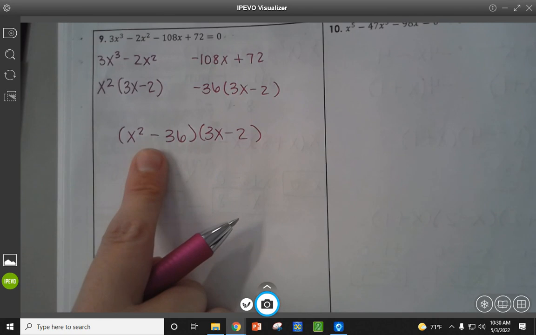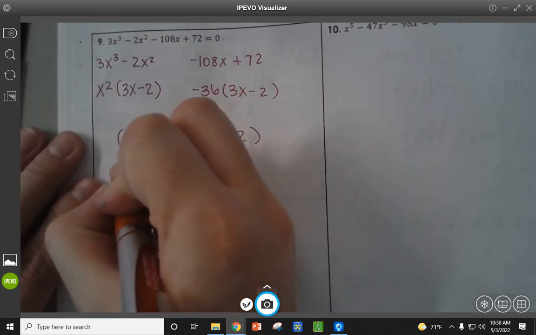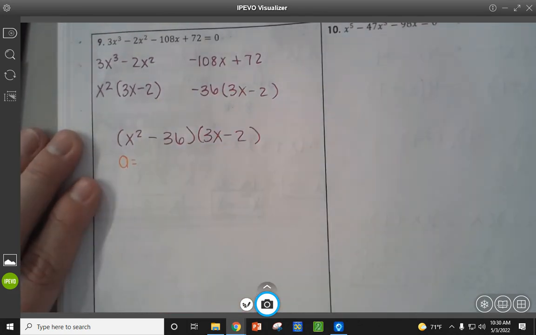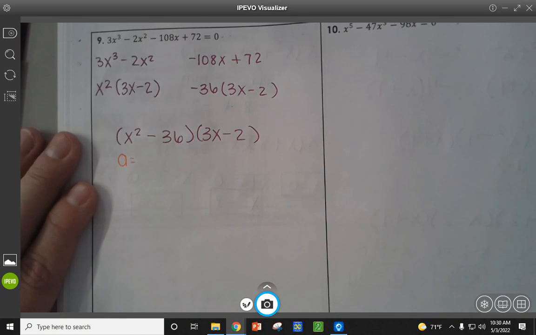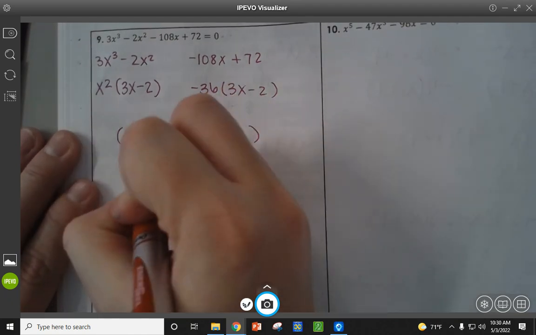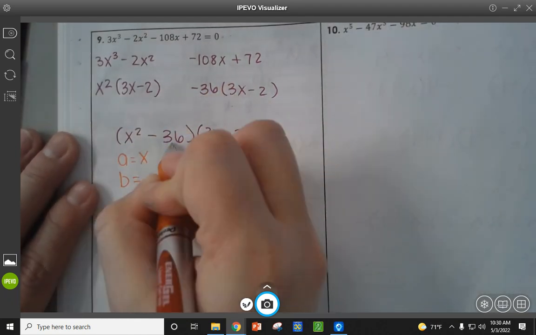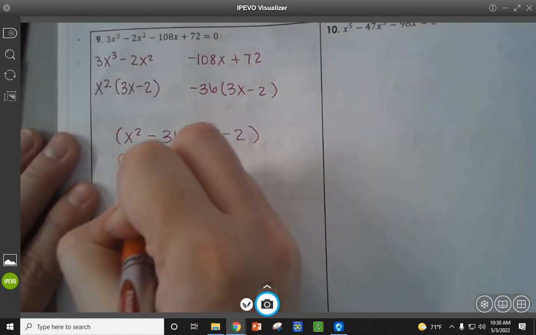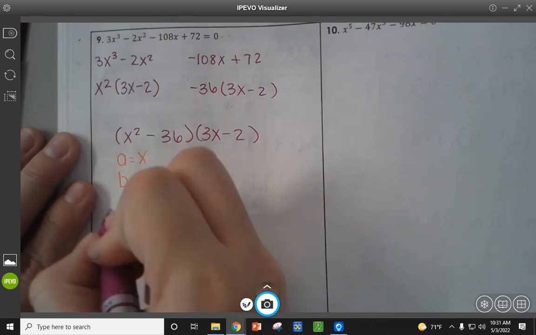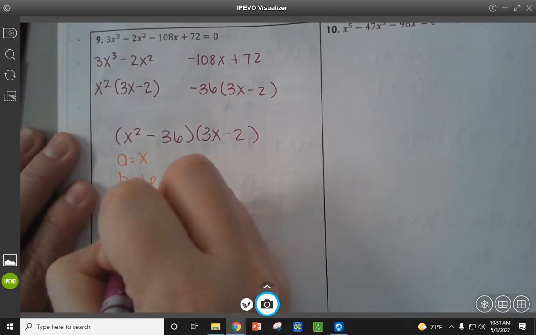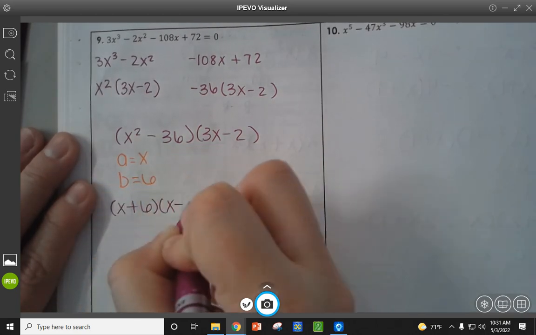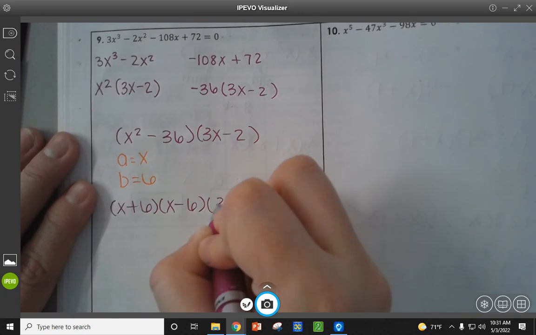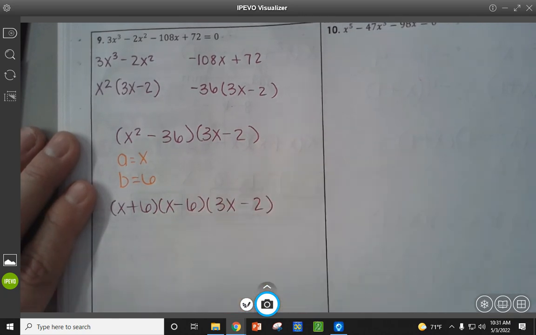What is this? Difference of squares. So a is the square root of x squared, and b is the square root of 36. So that one becomes x plus 6, x minus 6, and 3x minus 2.